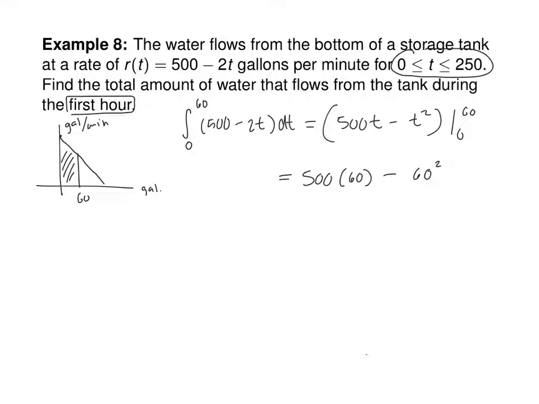So what's 500 times 60? Tell me the number and how many zeros. 3 followed by how many zeros? I think it's 4, because 5 times 6 is 30, and then 3 more. 60 squared is 3,600.